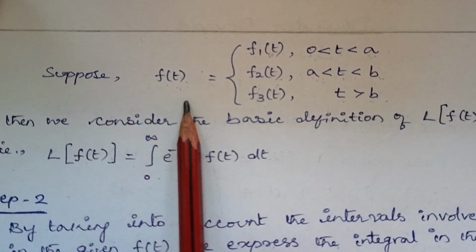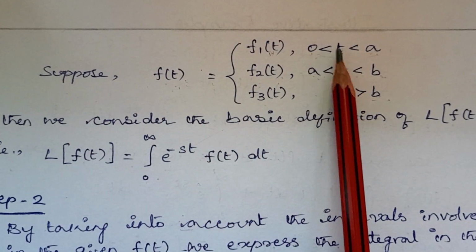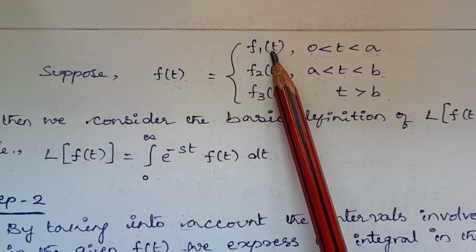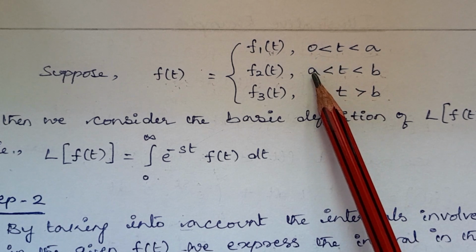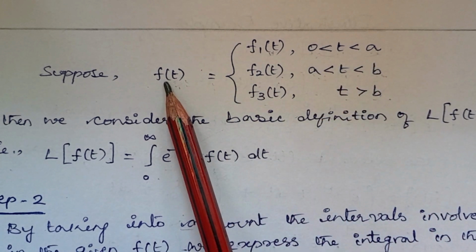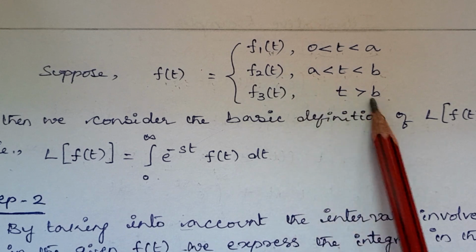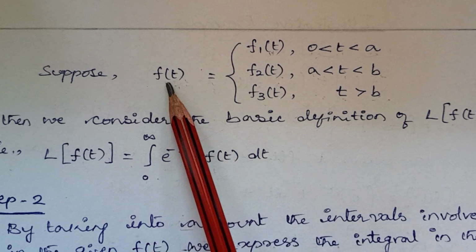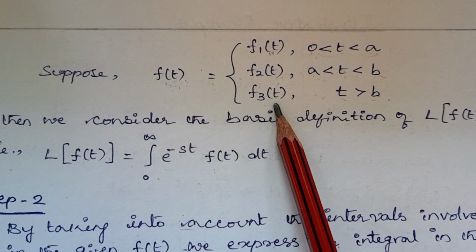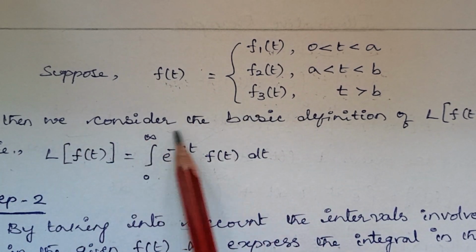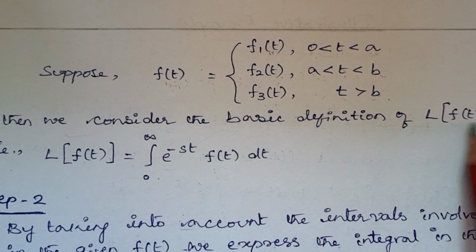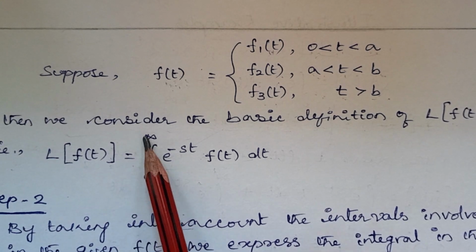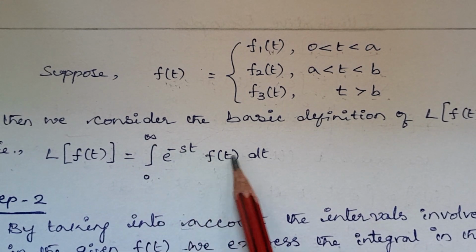Suppose f of t equals f1 of t when t varies from 0 to a. When t varies between a to b, f of t equals f2 of t. When t is greater than b, otherwise b to infinity, f of t is f3 of t. Then we consider the basic definition of Laplace transform of f of t. That is, Laplace transform of f of t equal to integral of 0 to infinity e power of minus st f of t dt.